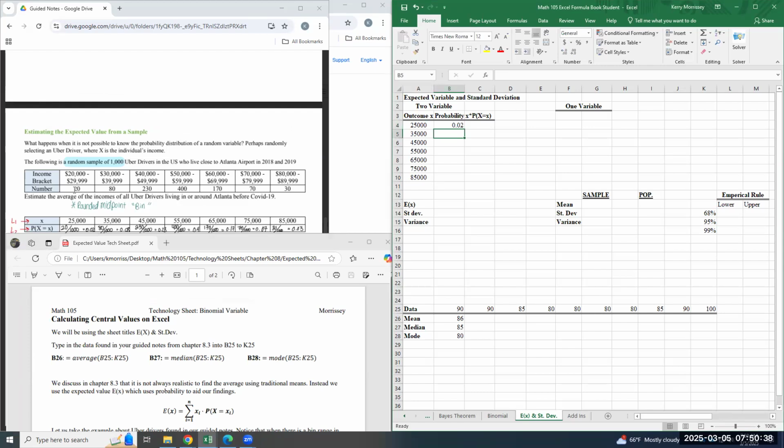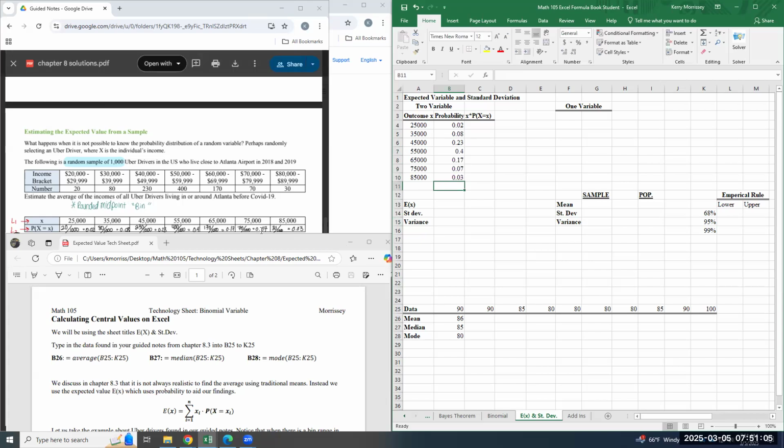And again, if you wanted to do that, we have 80 over 1,000. Again, 230 divided by 1,000, 400 divided by 1,000. All right, so we should have all of these probabilities, and they actually should all match up with this probability distribution below. Perfect.